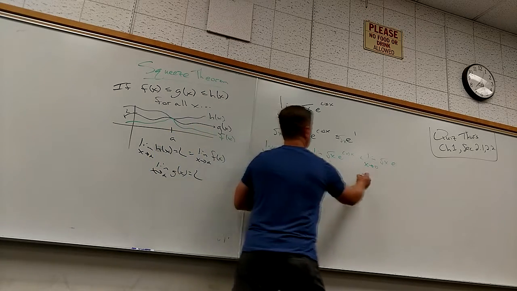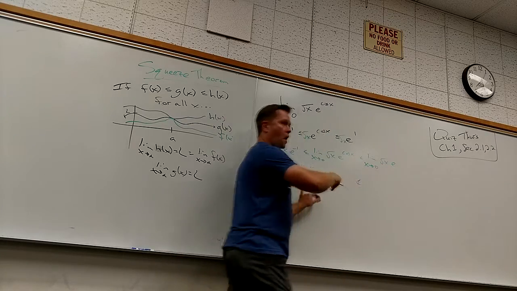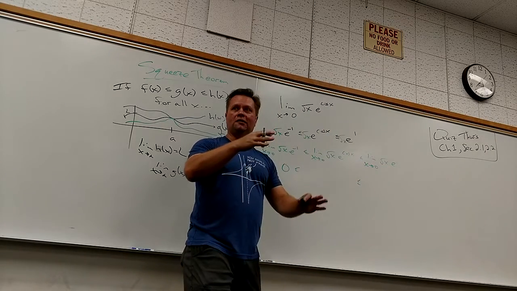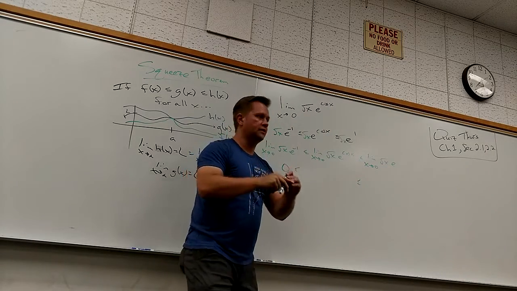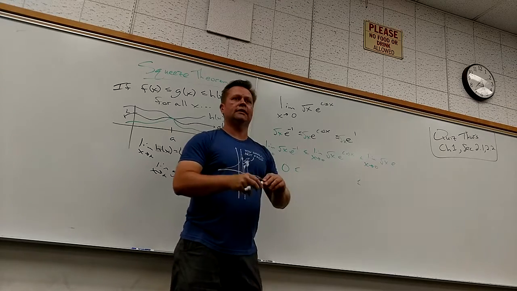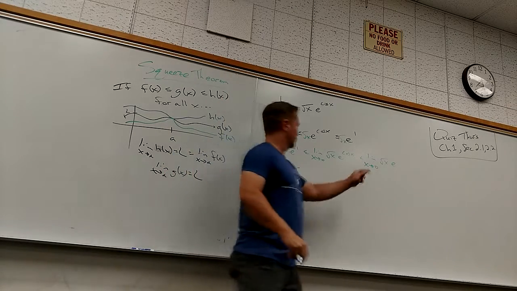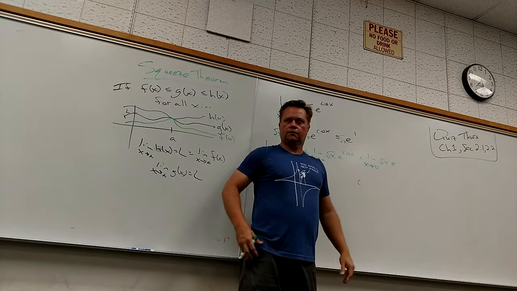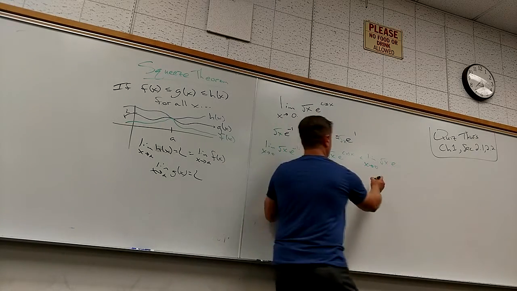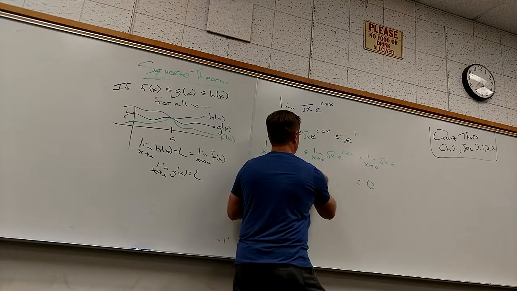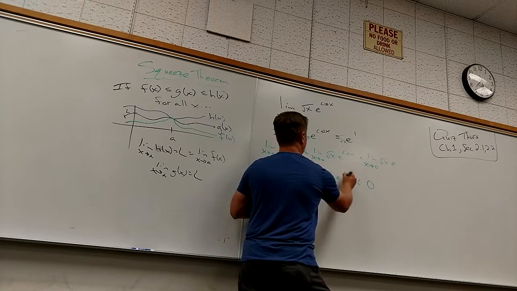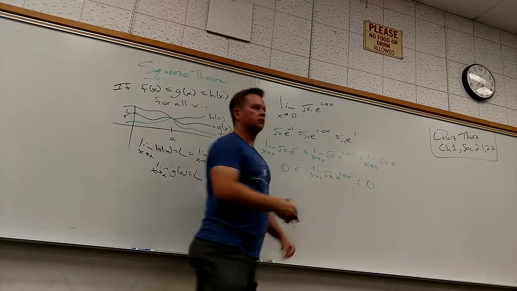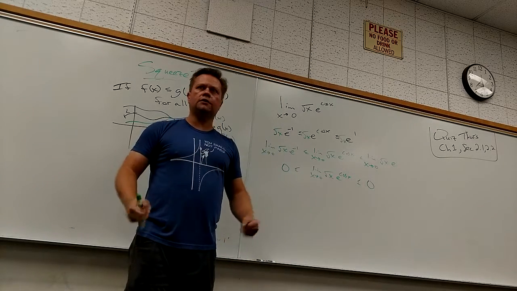And what about this? 0 for the exact same reason. E is tiny compared to infinity. 0 times not infinity is 0, right? So therefore, what must be true about the limit as x goes to 0 of this function? It's got to be 0. There, that's the squeeze theorem.